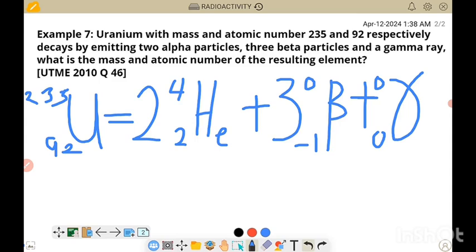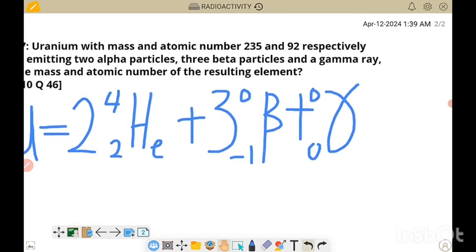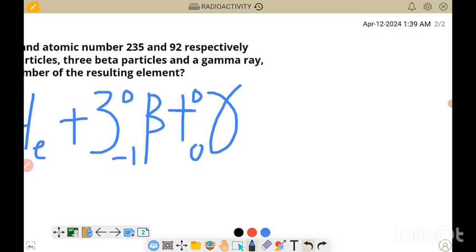Okay, very simple. To do that, let's just represent the element that will be formed with a symbol.